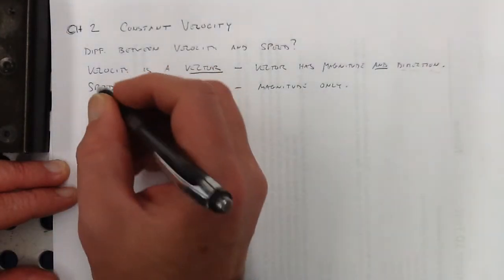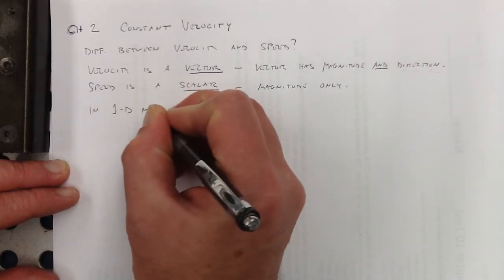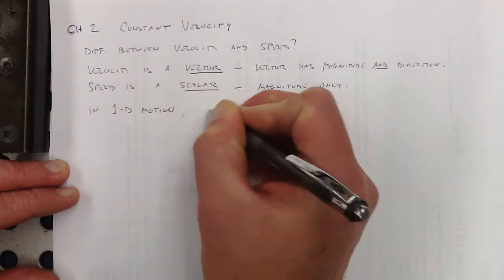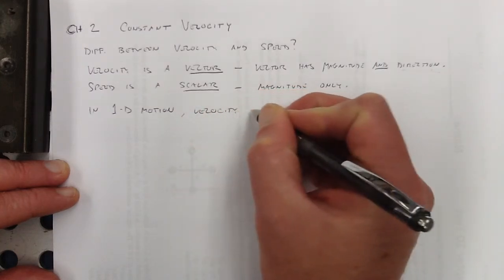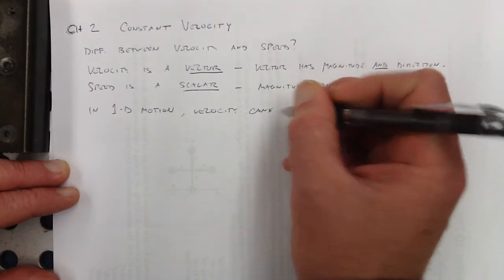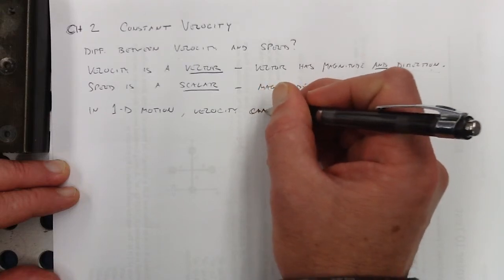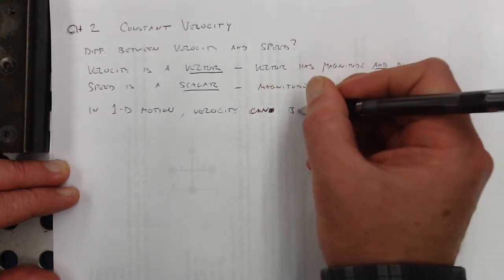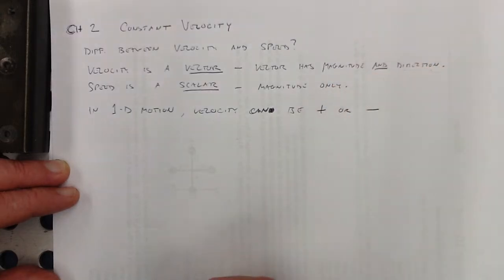It just means that in one dimension, velocity can be positive or negative.